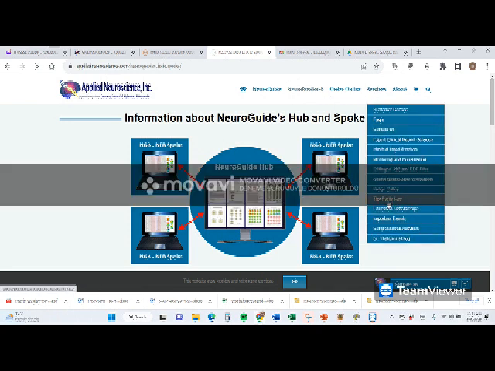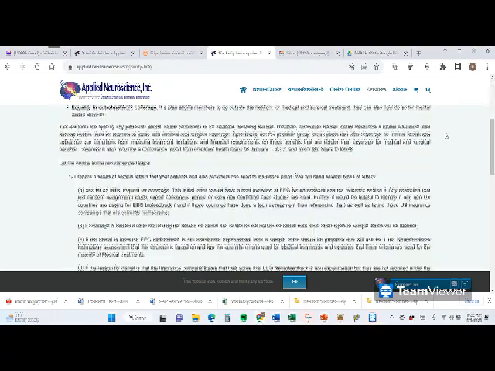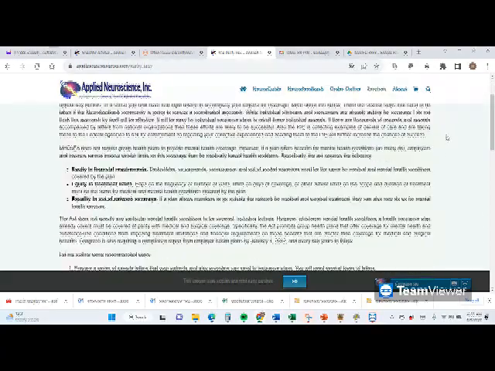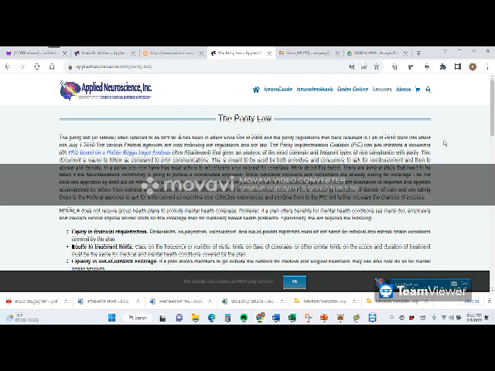Congress passed a law in 2009, it was released in 2010, where parity means that the insurance companies do not reimburse for mental health problems the same as they do for physical problems. Okay? And that's against the law since 2010.